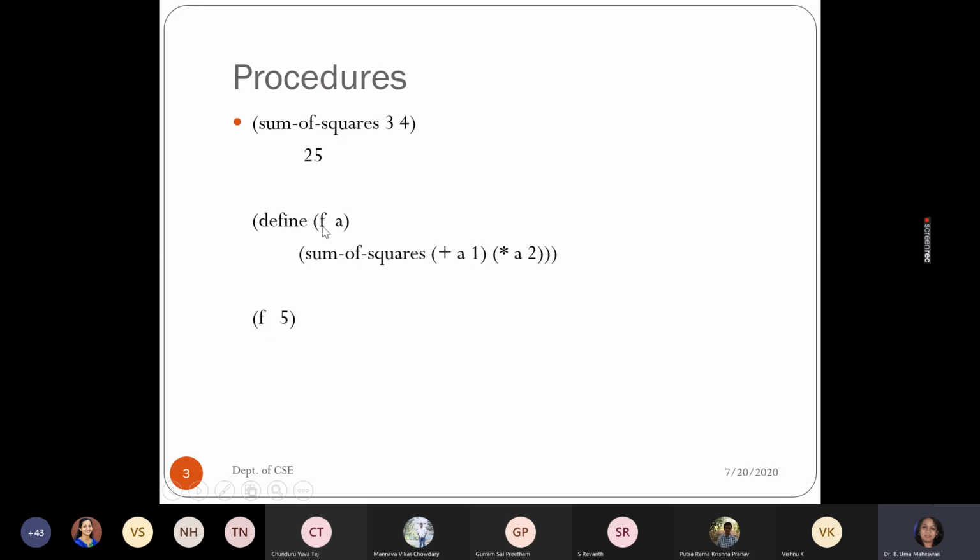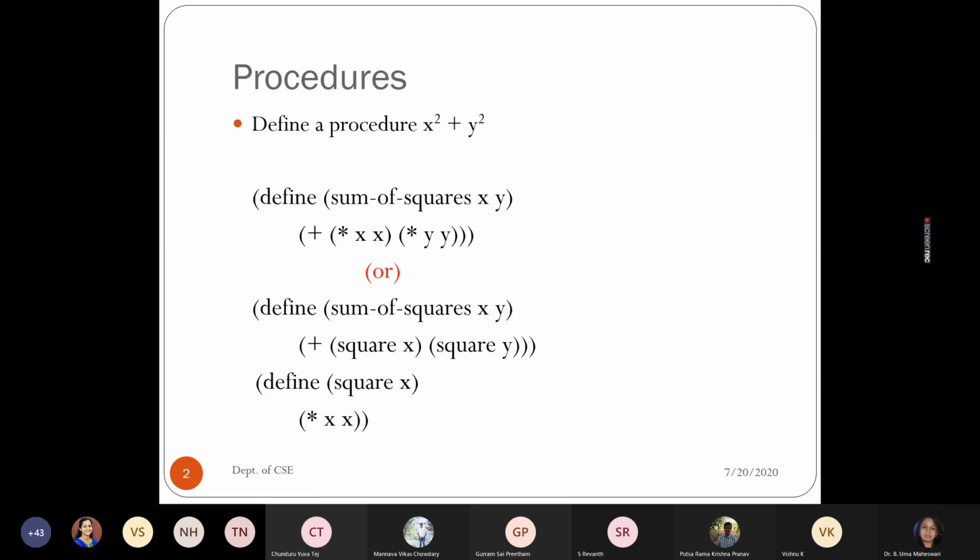So let us call this one. If I call this function by passing the value 5, what happens? 5 is substituted for a, so 5 plus 1 is one parameter, and 5 into 2, that is 10, is another parameter. So 6 is the first parameter and 10 is the second parameter. Can you tell me what the answer will be?